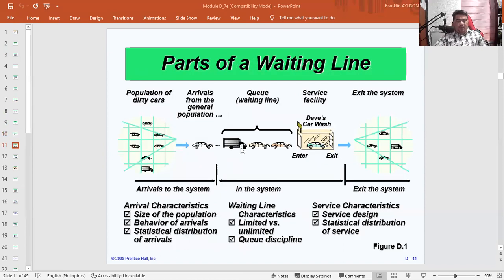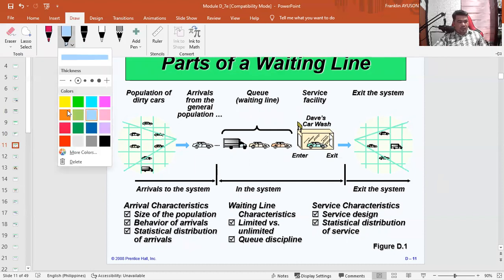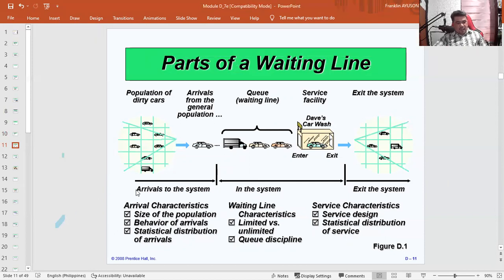To illustrate what we have been talking about, here we have the following. The arrival to the system, in the system and exit to the system. Initially, yun yung ating tinitignan. So in this case, arrival would include population of, let's say, dirty cars.